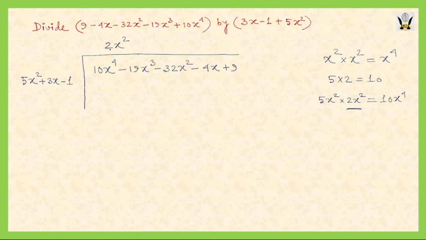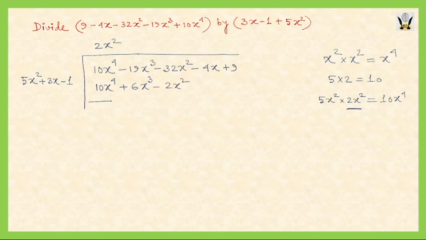Multiplying 2x square with the divisor, the first term will be 10x to the power 4, as we have just seen. Then 2x square times 3x is 6, plus 6 as per their signs, and x square times x is x cube. Then 2x square multiplied by minus 1 becomes minus 2x square.